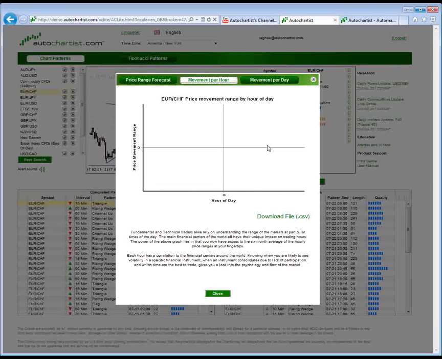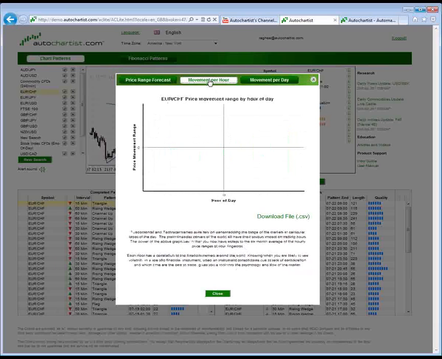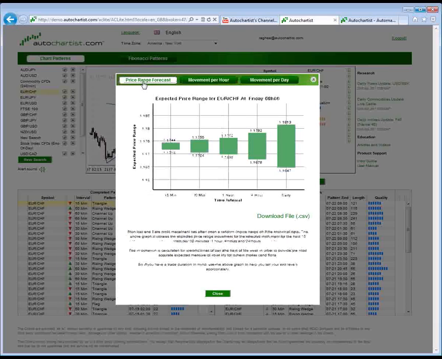You can go to the movement per hour of day, and what we will see is the bars. For whatever reason, mine right now is glitching, and it might be my system, so I apologize. But what you'll see is 24 green bars that show you the average volatility of the pair, when it's increasing, when it's decreasing.